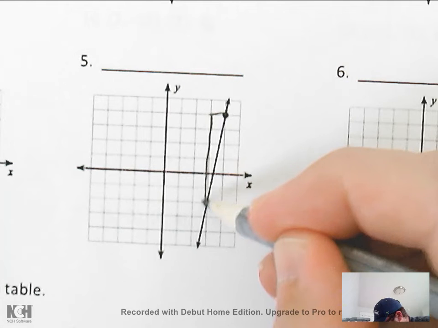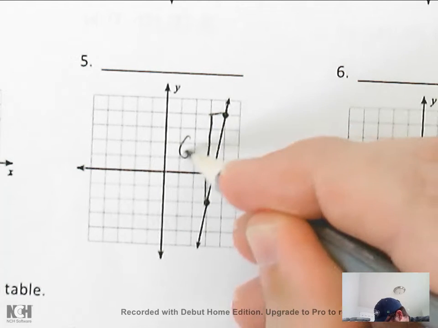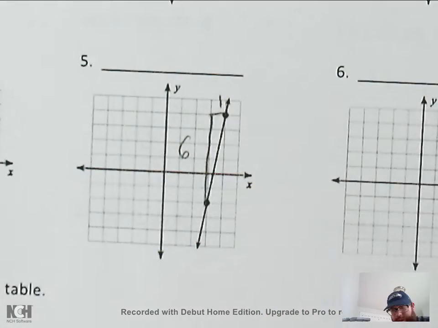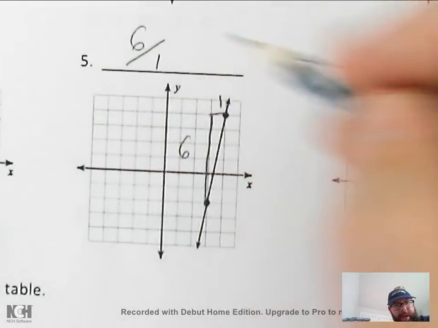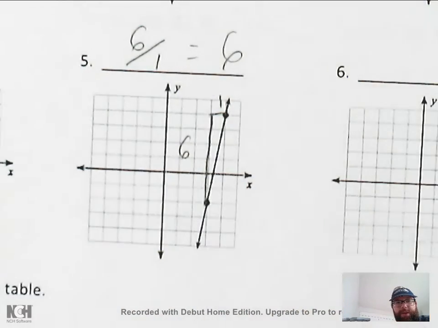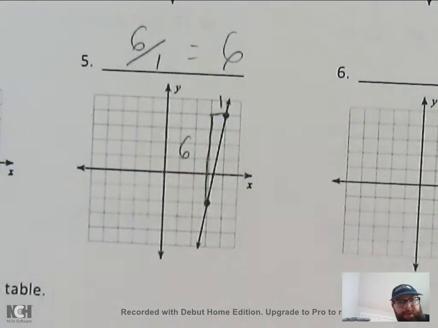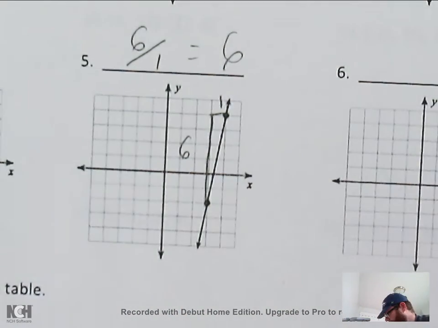This one's going up 1, 2, 3, 4, 5, 6, and going over 1, so you'd write that as 6 over 1. And if it's a number over 1, you could also just write it as 6. Either of those answers would be acceptable for your slope, because 6 divided by 1 is just 6, right?